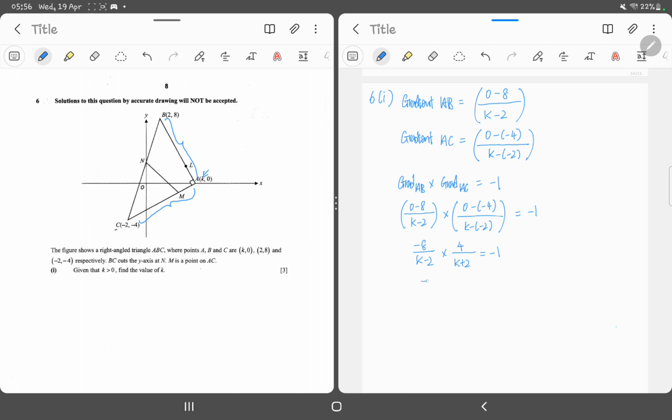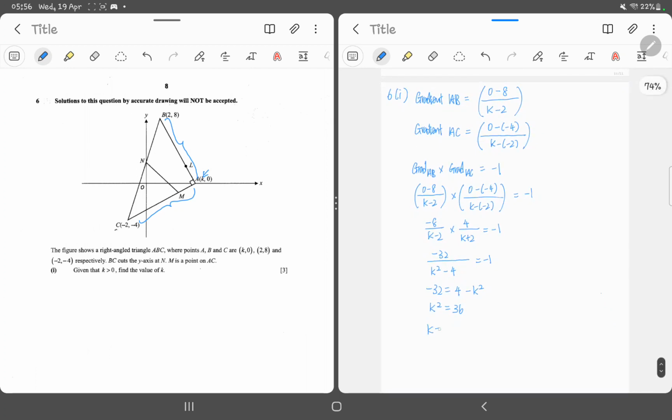So this is -32 over k square minus 4 equals -1, which means -32 equals 4 minus k square, so k square equals 36.